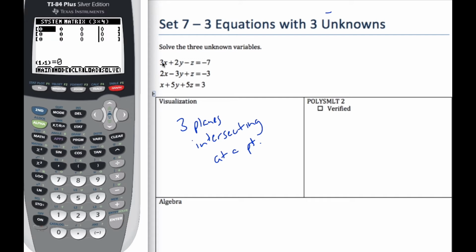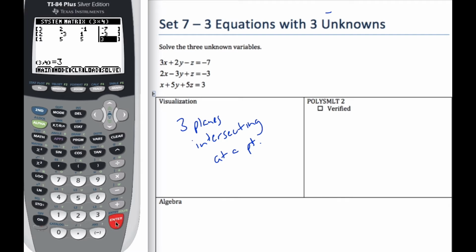And I enter in the coefficients, so 3, 2, -1, -7. I get 2, -3, 1, -3, and finally 1, 5, 5, 3.